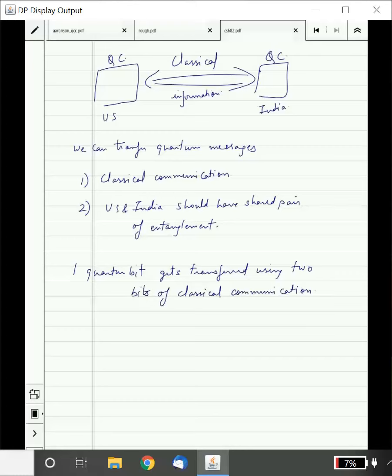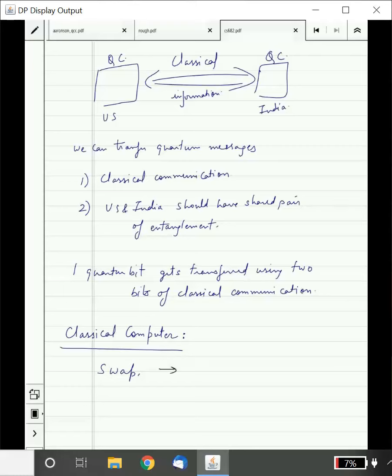This is the description of the problem. And before we go into the quantum protocol, let's see how you would do something like that on a classical computer. This protocol of transferring a quantum bit looks very much like a swap.